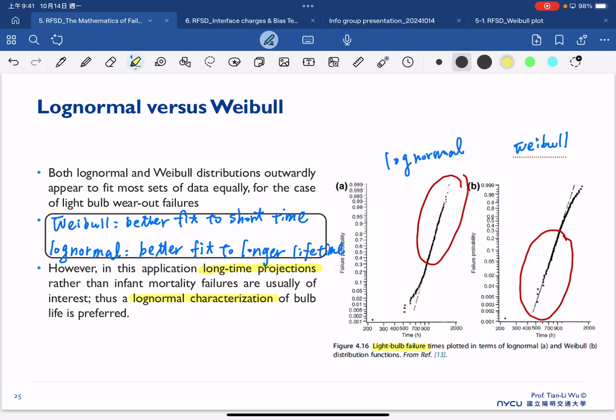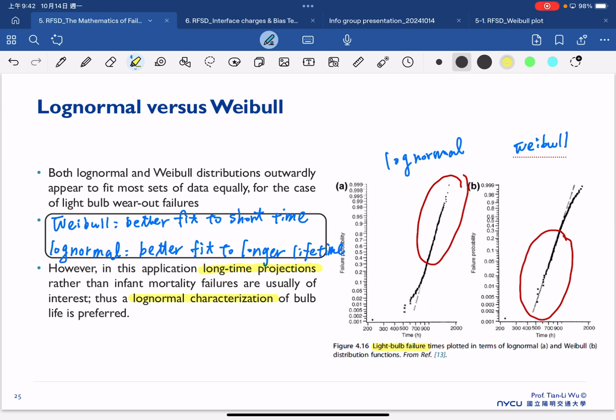characterization is preferred. Basically, with all kinds of distribution functions, there's no perfect distribution function that can fit very well in all regions of the data set. There's always a certain inconsistency, and then we have to figure out what goal we want to use the distribution for.